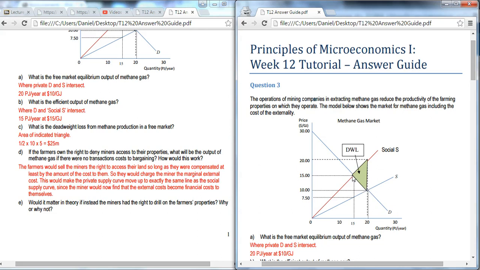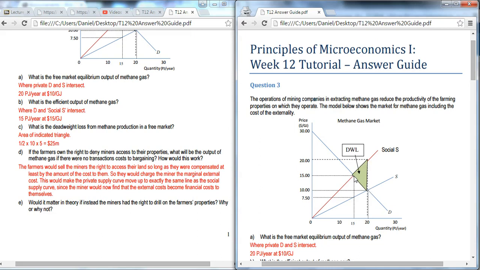As you move away and get more and more produced, the social cost is higher and higher than the social benefit, which is lower down here, right? So as you move from 15 to 20 petajoules per year away from the social equilibrium, you're going to have all this level of social cost and only this level of social benefit.